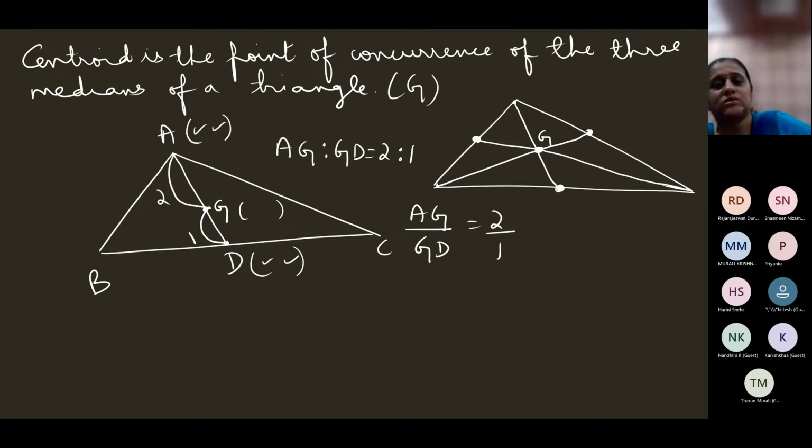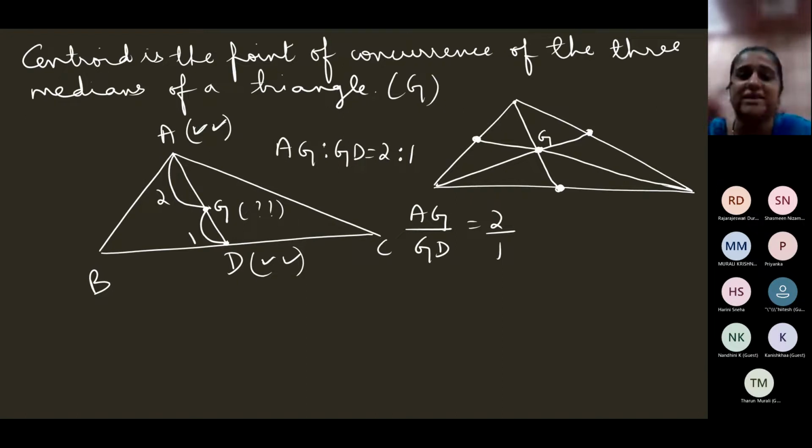In that case, you can use the coordinates of A, D, and the ratio 2:1 to find the coordinates of the centroid, because G is the point of division of the line segment AD.